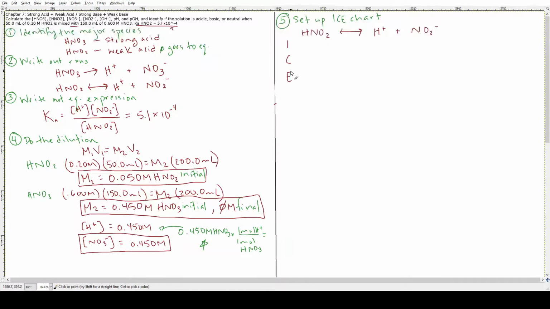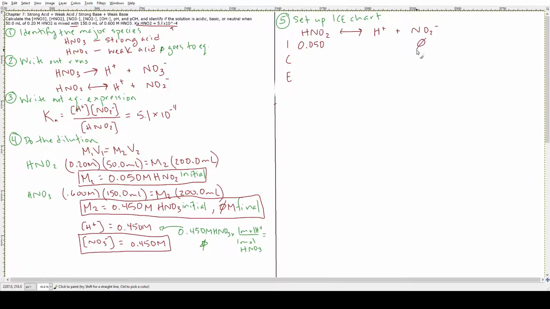Okay, so this is going to be a little bit different than usual. We have a new contributing factor. So we know our initial concentration of nitrous acid. We just solved for that in our dilution step. Our concentration of hydrogens, usually we'd say, well, the nitrous acid hasn't fallen apart yet, so I don't have any of these ions. But that just isn't the case this time.